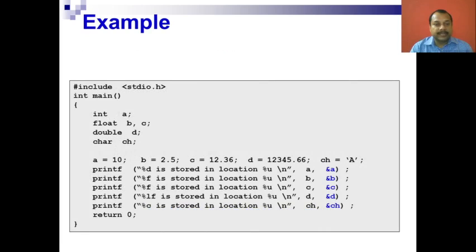Here is a full scale example of dealing with pointer variables. #include <stdio.h>, int main, int a, float b, double d, char ch, and I am assigning some values to the variables based upon whether it is integer, floating point, double or character.